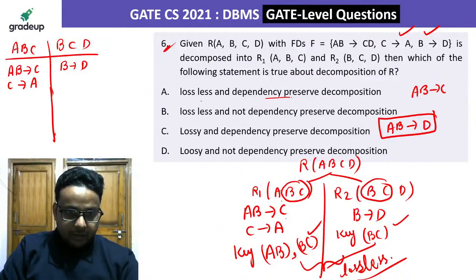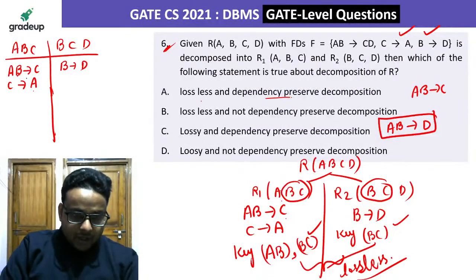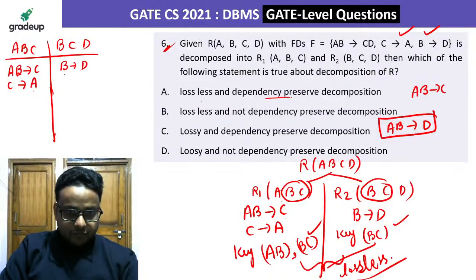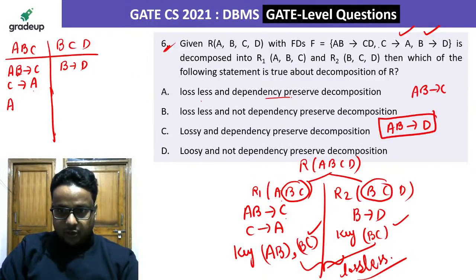So AB determines C and C determine A, so AB determine D? Now what can I write from C closure? Definitely CA. What can I write from A? We have to take the A closure, nothing. And if we take B closure, we can write B goes to D here, already there.